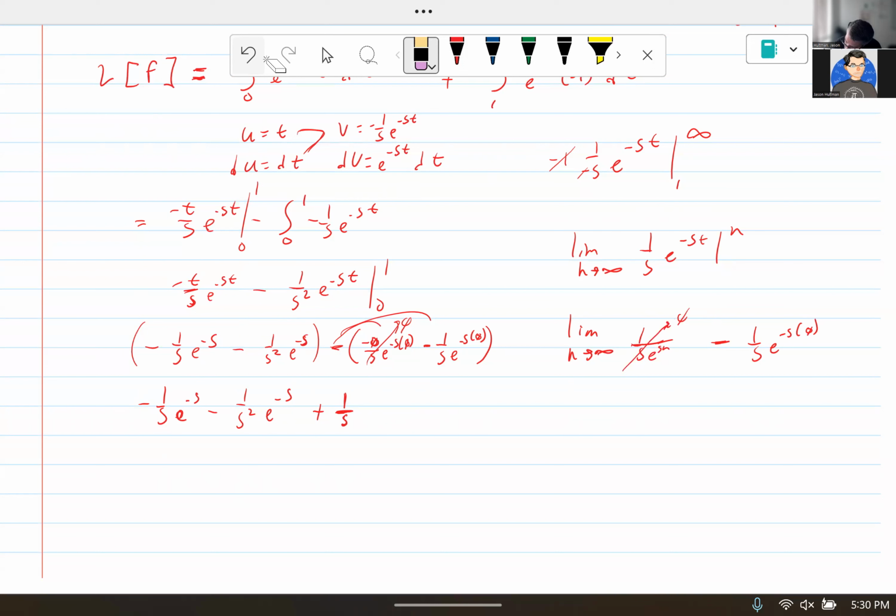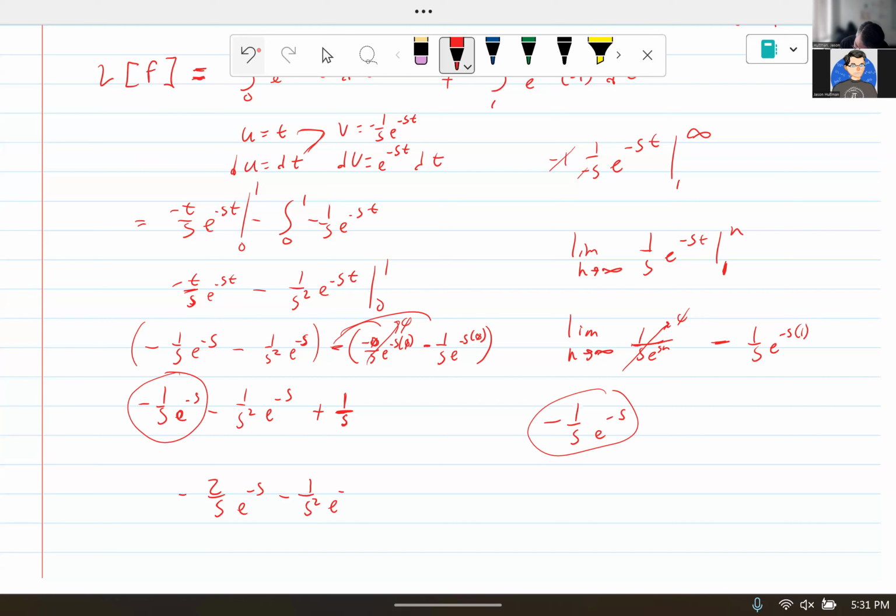I'm sorry, it should be 1. And so this becomes minus 1 over s, e to the negative s, which combines with the other term to give me negative 2 over s, e to the negative s, minus 1 over s squared, e to the negative s, plus 1 over s. And that is the Laplace transform of that piecewise function.